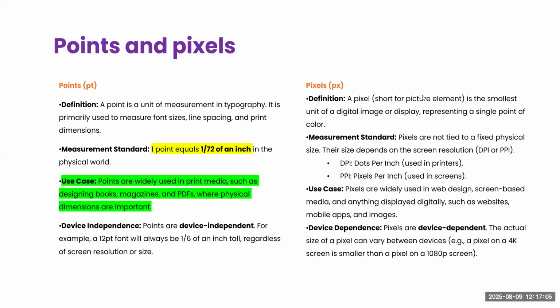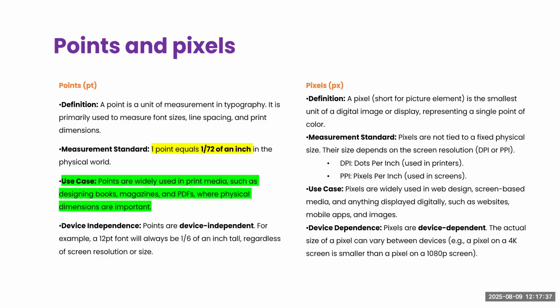But a pixel is different. You know, it's the smallest part of an image. Normally we use this for web design. In website design we give the size in pixels, because pixels are device dependent. 4K, HD, like that we have different sizes.